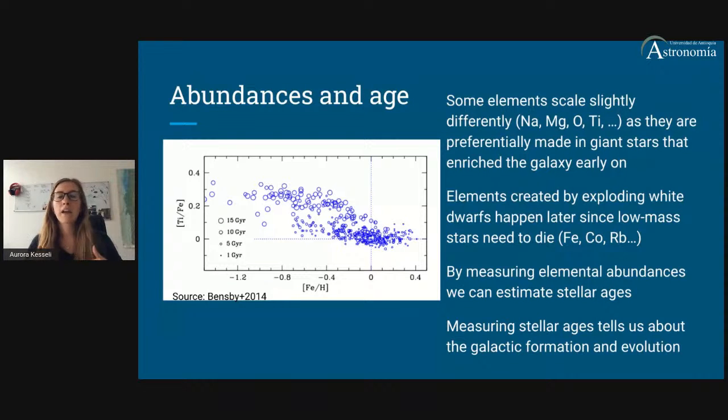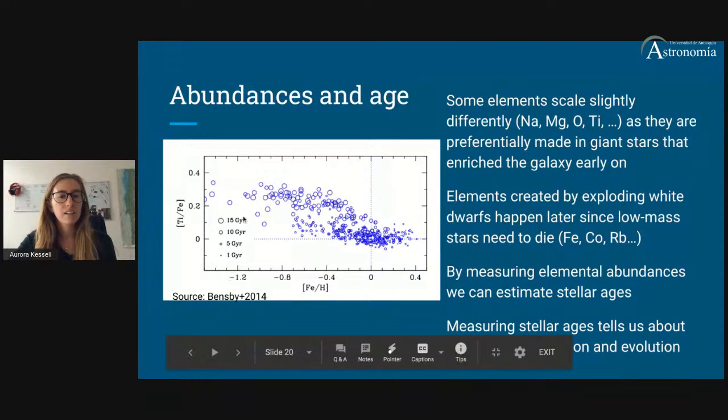And so compared to the solar value, magnesium or titanium is enhanced compared to the iron value early on. So here, that's what this plot is showing. Now we're showing the titanium to iron abundance scaled to solar. So up here, we have higher titanium abundances to iron abundances than we do in the current solar abundance.